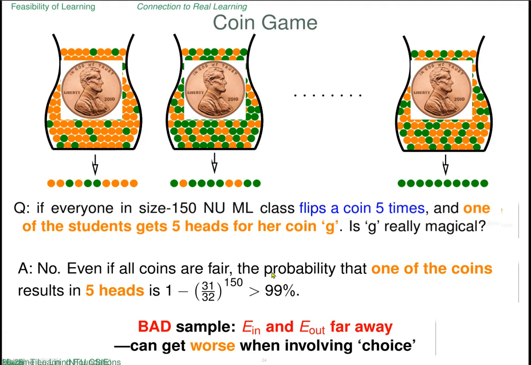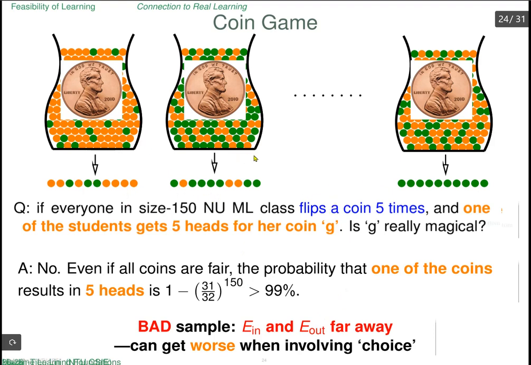We can consider those kinds of cases as a bad sample that doesn't represent the true distribution of the coin flipping experiment. In the context of learning, a bad sample can be explained as a difference between in-sample and out-of-sample. Getting all heads could be linked to getting in-sample error 0 and out-of-sample error of all other events.